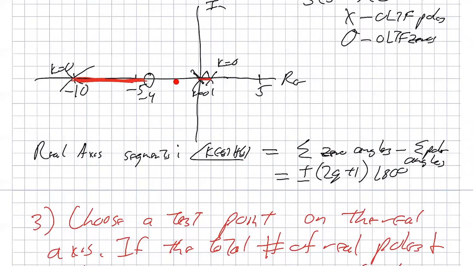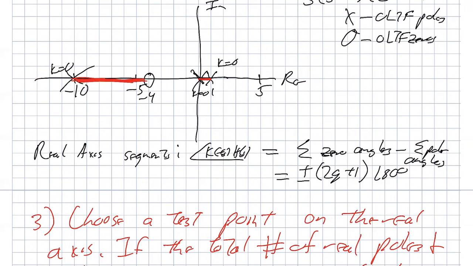I move over to here. I've got 2 poles to my right, 1, 2. So it's even, it's not on the root locus. Move over to here. Now I've got 1, 2, 3. I've got 2 poles and 1 zero, but an odd number to the right, so any place in between here is going to be on the real axis.